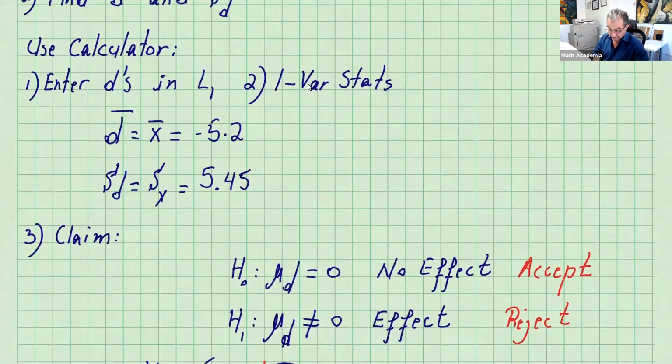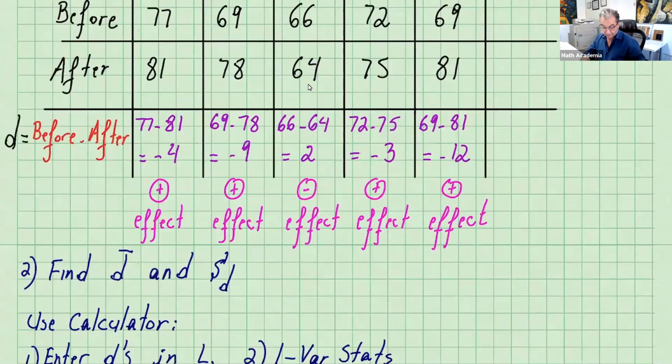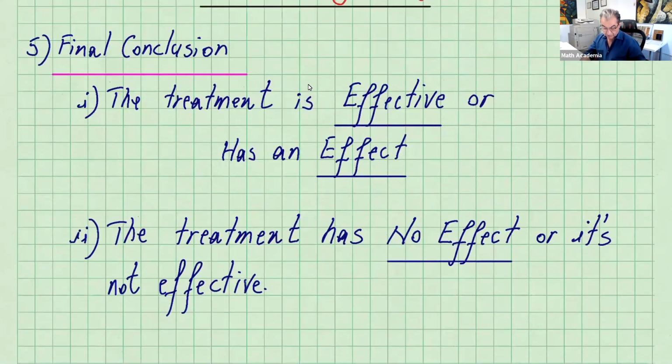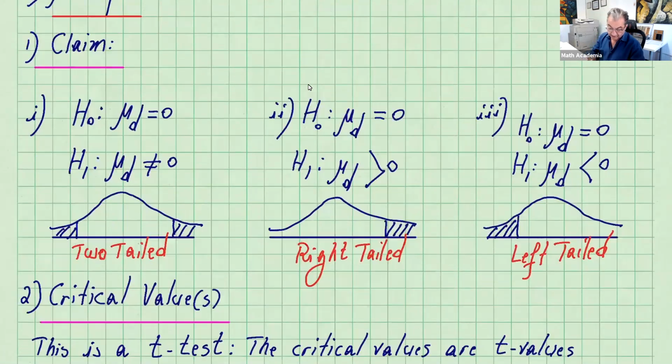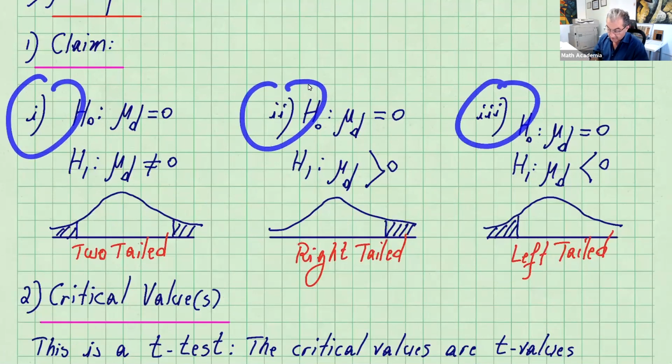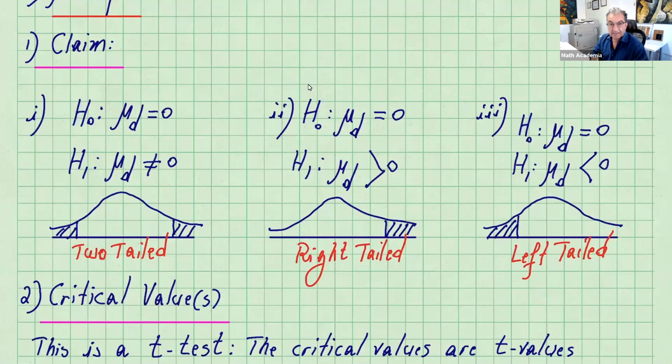Now, writing the claim, we have to be very careful which one we are going to choose. So let me go back to those claims. We have to choose one of these claims. By reading, the problem says if the tutoring has an effect. So we're not looking for a positive effect or negative effect.